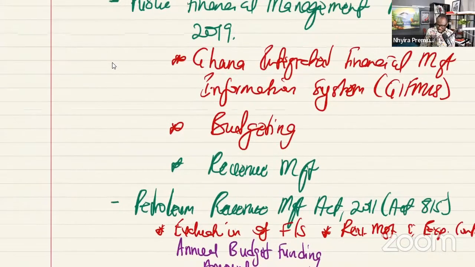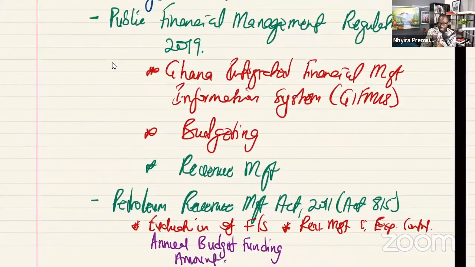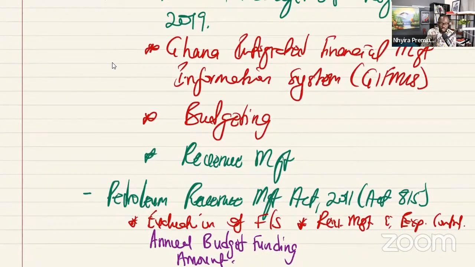Then when we are talking about sources of revenue to the government, the Petroleum Revenue Management Act 2011, Act 815, is also one of the issues we need to pay attention to, because we will be making references to it. Most importantly, we need to understand that act to deal with evaluation of financial statements.